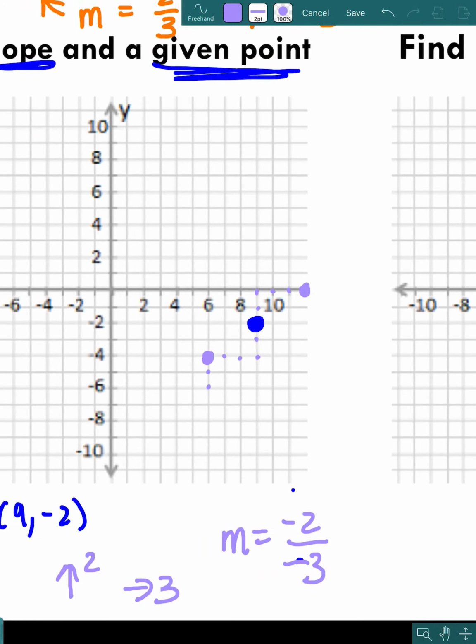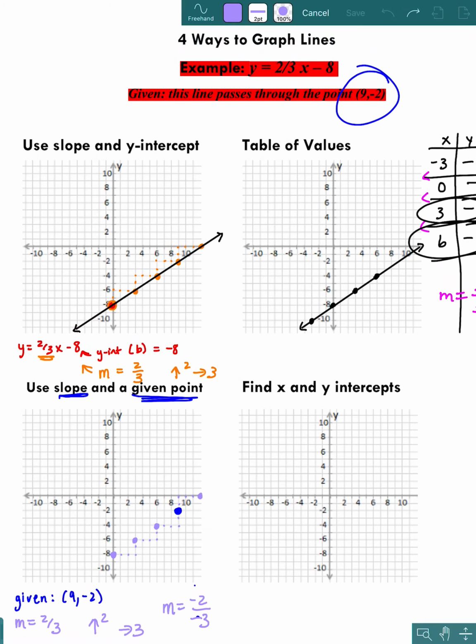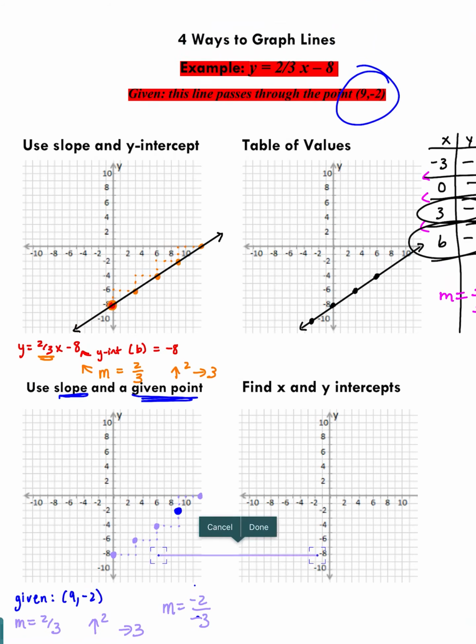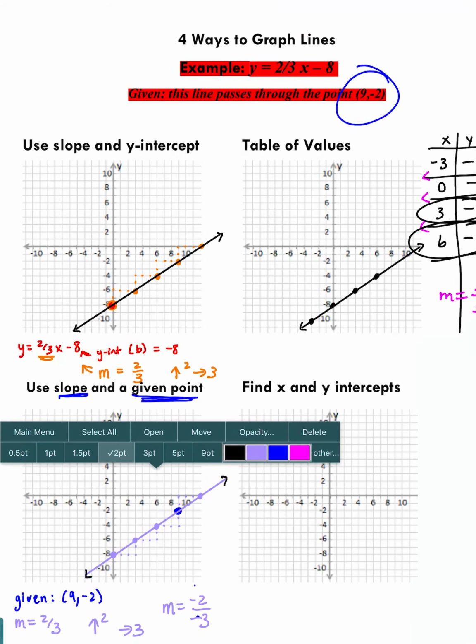We can go down 2 and over 3, down 2 and over 3, and join our points. So as I'm drawing the line here, remember you could always, now that you've got the line, check that by using the positive up 2 and over 3. So pick a point, go up 2 and over 3.